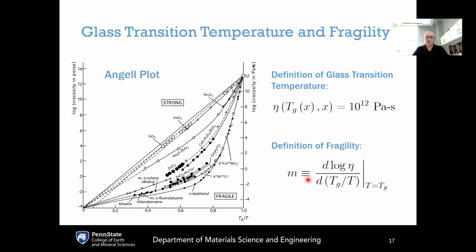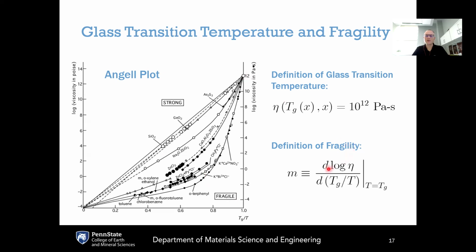Now, Angell did one more thing. Actually, he did a lot more things, but one of the important things that he did was to quantify the degree of fragility by defining this fragility index, which is given by a lowercase m. And the fragility index is defined as being the slope of this curve at the glass transition temperature.